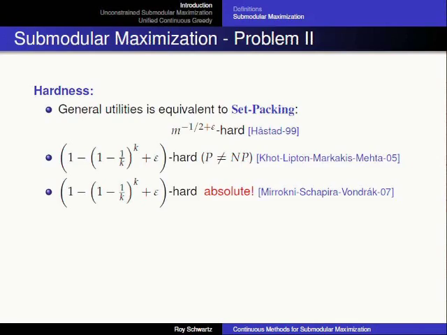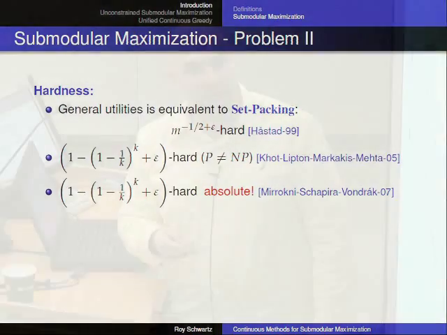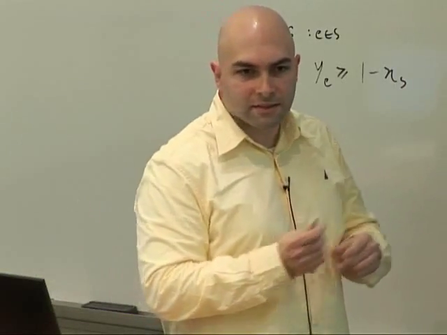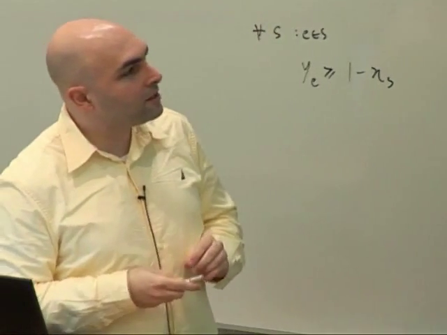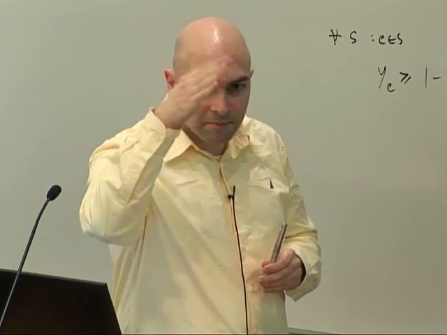There is this hardness, 1 minus 1 over k to the power of k. First it was proved assuming P does not equal NP by Khot et al. And then this assumption was actually dropped. It's not needed. You again get an absolute hardness, which is unconditional. And you can see that as k increases, it converges from something larger to 1 minus 1 over e.